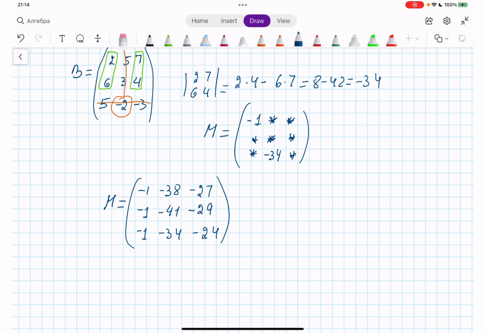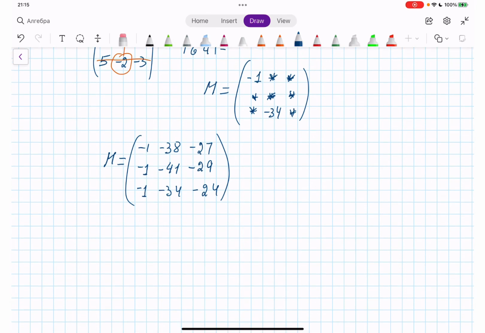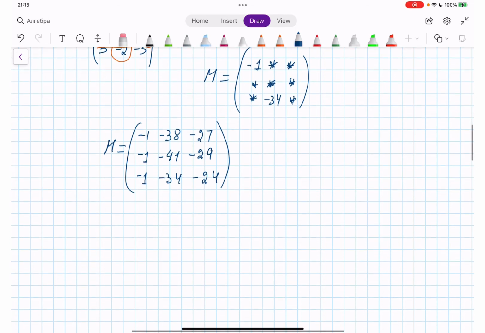This is the matrix of minors of the corresponding elements of matrix B. The fact that all elements in this matrix of minors turn out to be negative is purely coincidence. Don't make any conclusion from this.